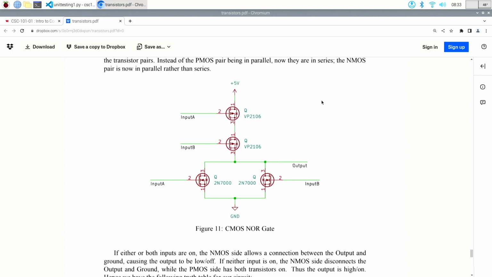Same thing. So is there a connection between ground and the output? No, there's not. That's a good thing because we already said there's a connection from 5 volts to output, right? So output should be connected only to one thing at a time, either to 5 volts or to ground, but never both simultaneously. Is that okay?